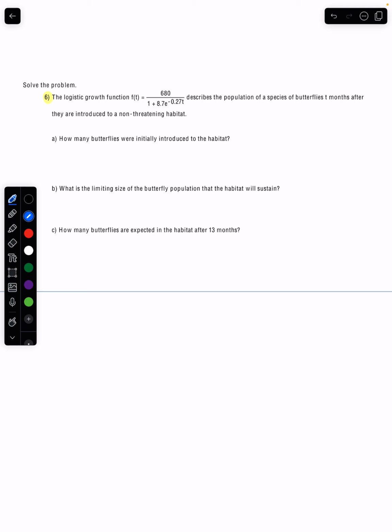That would give us how many butterflies are there initially after no time has passed. Plug all this into your calculator and you'll see there are about 70 butterflies.